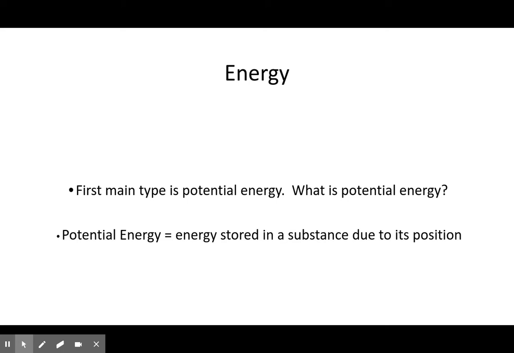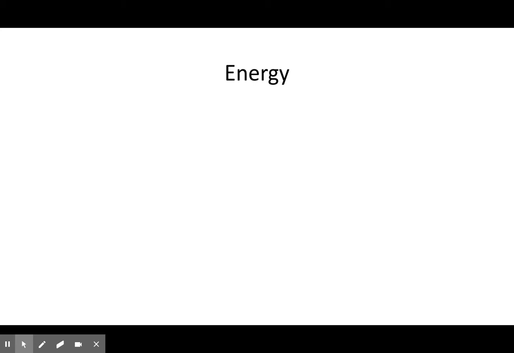So, where the object is, or what the shape of the object is, can give an object the ability to cause change or the ability to do work. It's not necessarily moving. It's just because of where it is or its shape that it has energy, which is the ability to cause change or do work.